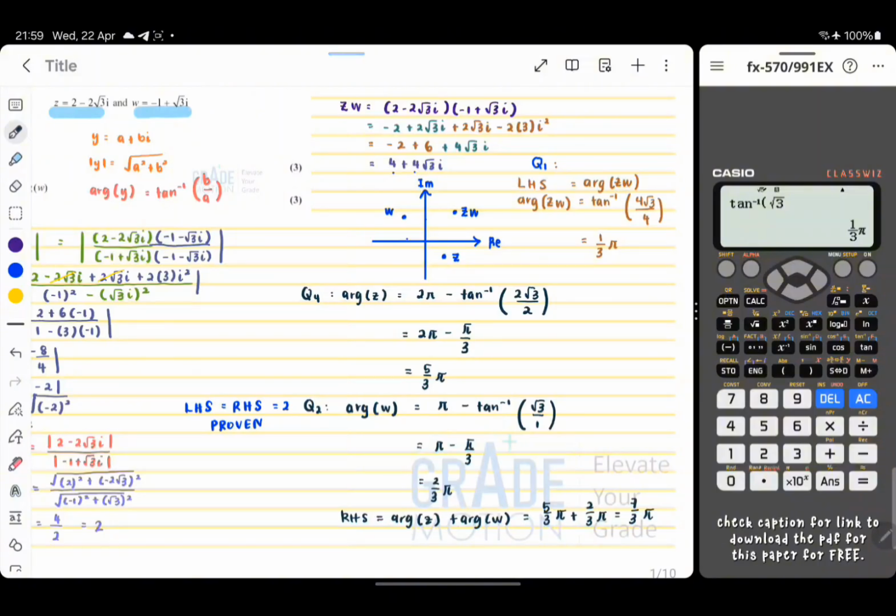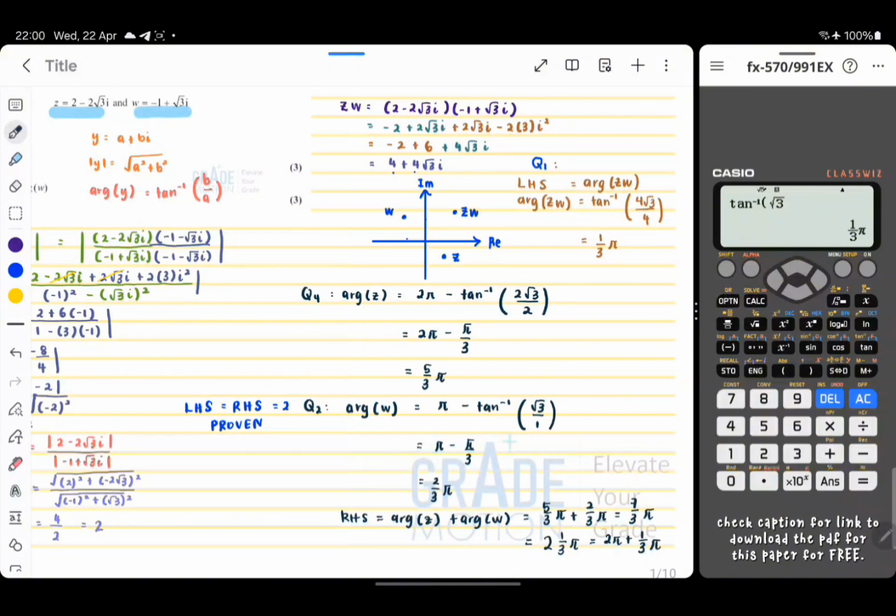Notice that this is not the same, but let's change this. Let's change 7 over 3 into a mixed number. If we change that into a mixed number, we will get 2 pi plus 1 over 3 pi.